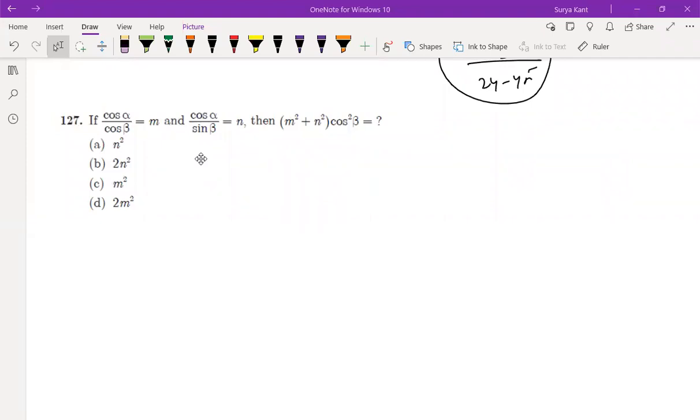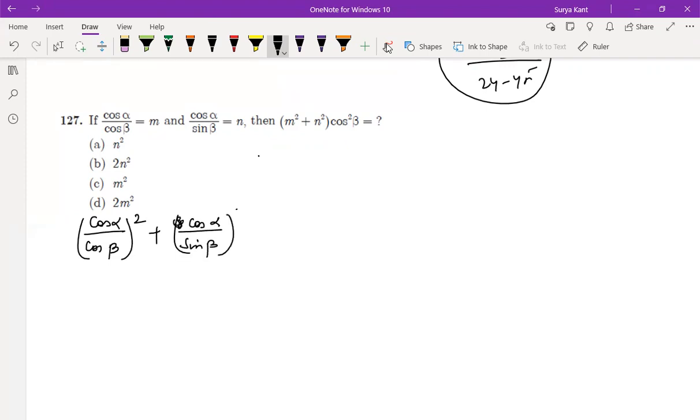Samarth, what is the answer for this? Sir, n square is the answer. Sir, A. It's easy actually, right? Yes, sir. So (cos alpha by cos beta) whole square plus (cos alpha by sin beta) whole square, in whole bracket close, should write here cos square beta.